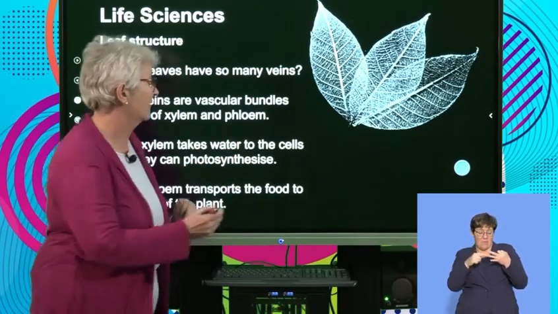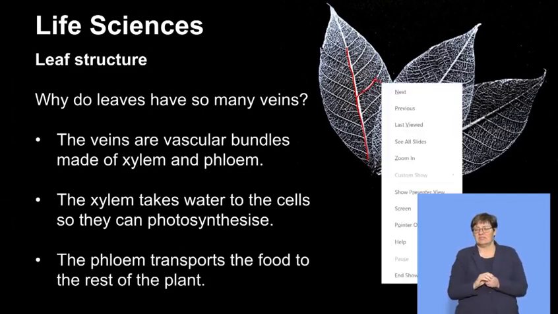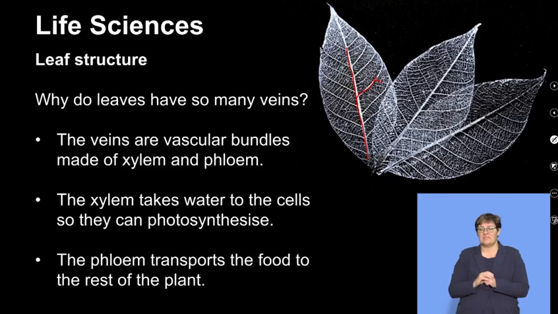In the leaf, we find leaves have a main vein which has lots of xylem in it. It has side veins branching off, and more side veins branching off those. And you can see they're all of a different thickness, and that gives you an idea of how much xylem they actually have in them.